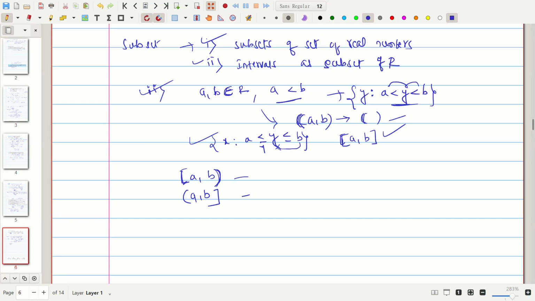If we write this in set builder form, how can we write it? So these are in roster form, and these are in set builder form.